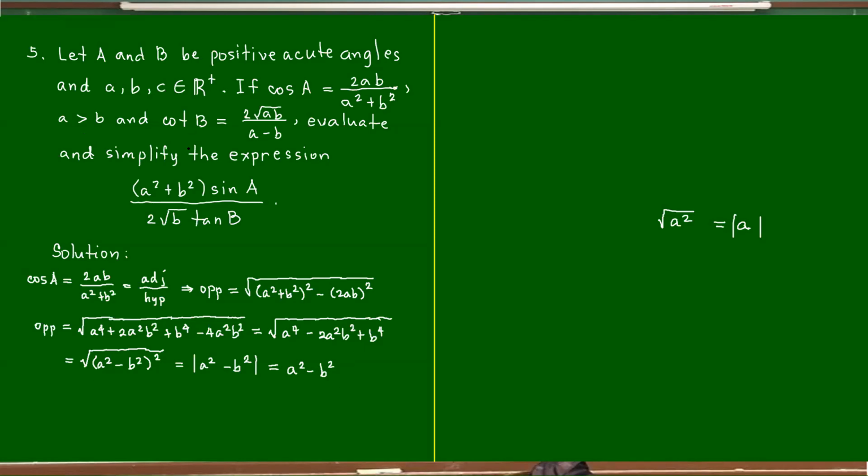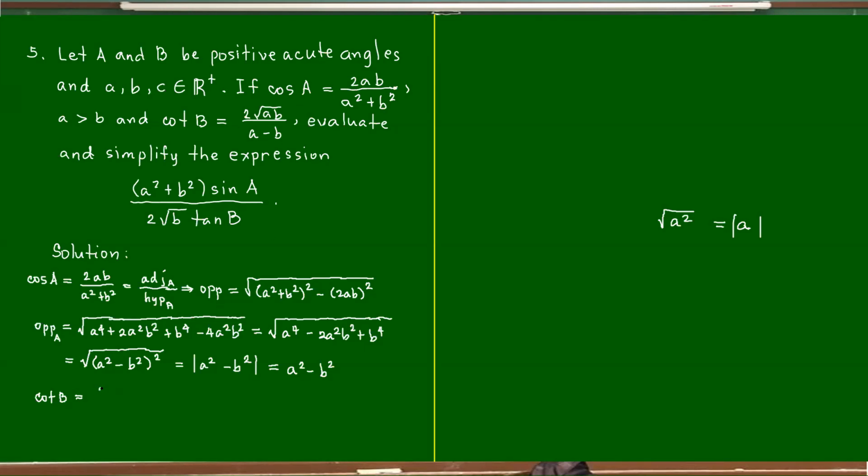Now next, what comes next? So let's have cotangent B. For cotangent B, this is adjacent to A, this is hypotenuse to A, and this is opposite to A. What about cotangent B?